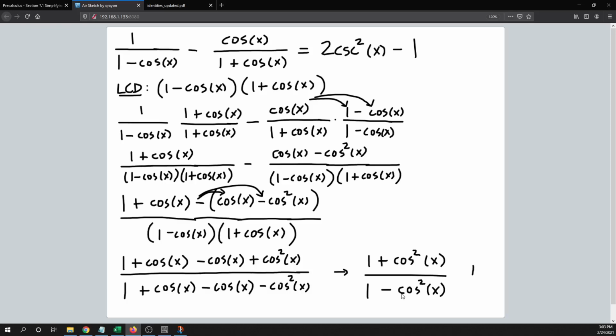So I'm going to go up a little bit. On the top, I have 1 plus cosine squared x. On the bottom, I have sine squared x. Like so. Now, you may say, well, what about 1 plus cosine squared x? That doesn't look that much different than 1 minus cosine squared. Is there anything I can do with the 1 plus cosine squared? And the answer is, well, no, not really.